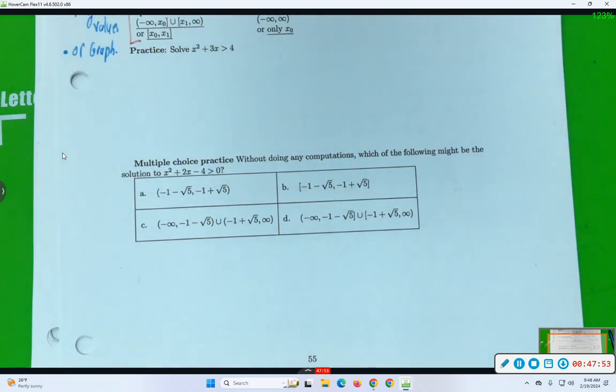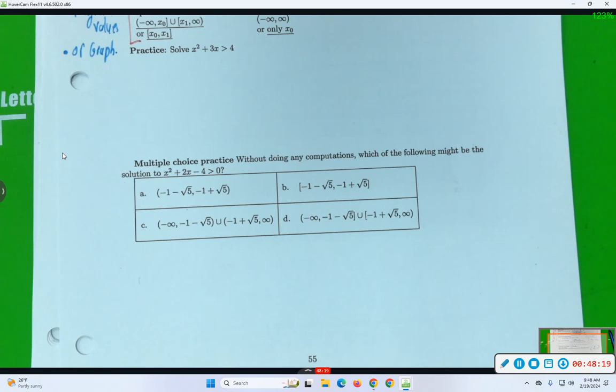Without doing any computations, here's a multiple choice problem. Which of those options might be the solution to this inequality? If I'm going to have you do this without doing any computations, I think this is very much going to be a process of elimination. Is there anything you can disqualify easily?